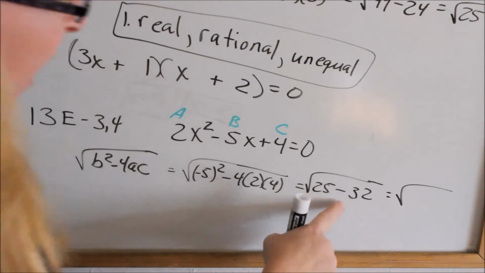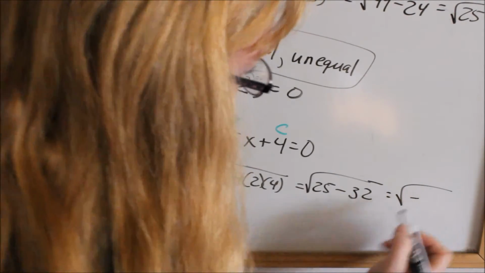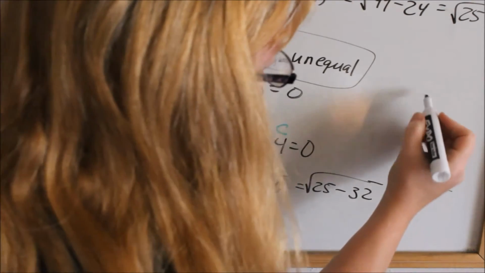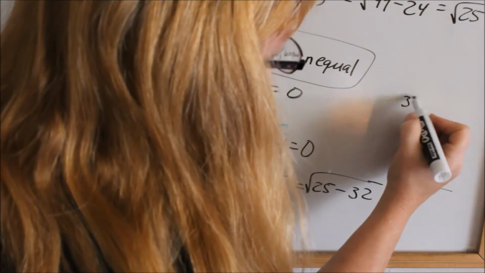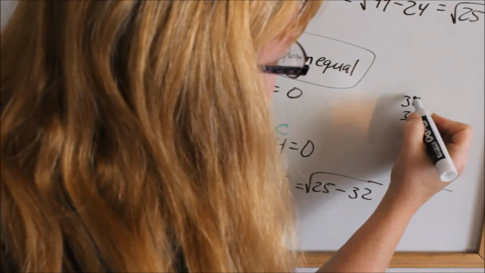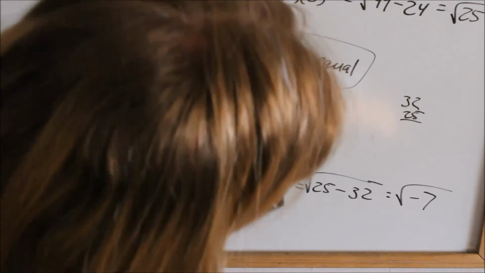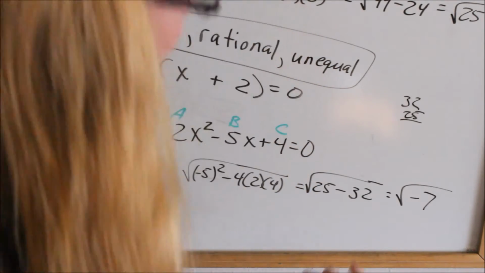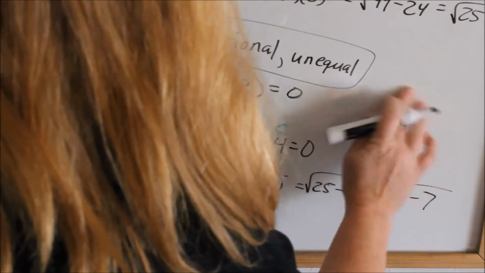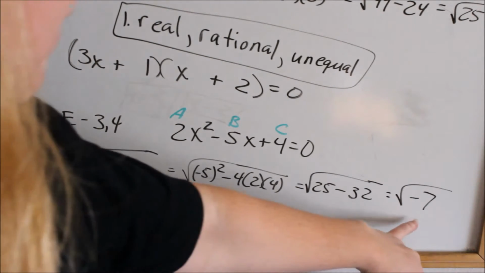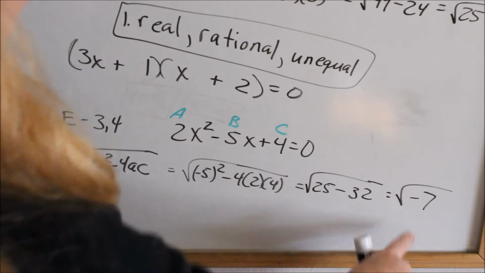So I can see that I have a negative number, let me subtract that out. 25 minus 32 is -7. So that's a negative.